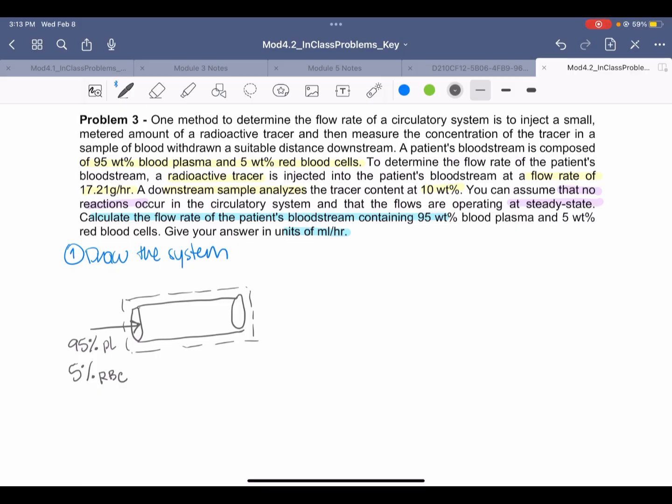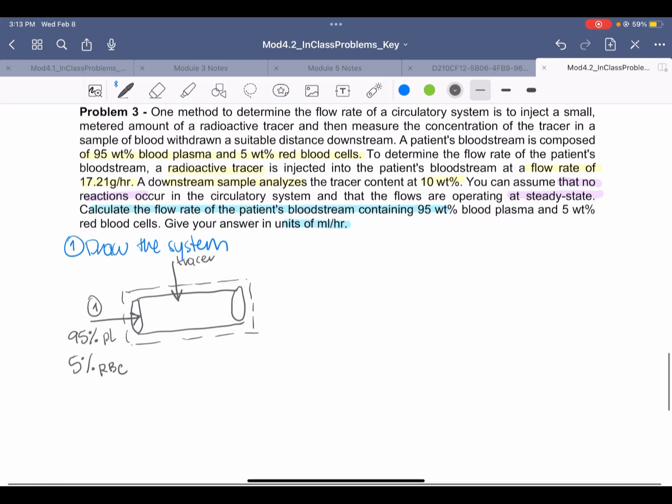We also know that we have another stream coming in, which is that radioactive tracer. So we have tracer here and nothing else. I'm going to call this stream 1, this stream 2, and the outgoing stream 3. We know that the mass flow rate of the radioactive tracer stream is 17.21 grams per hour.